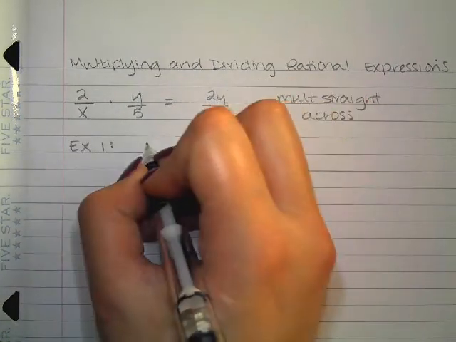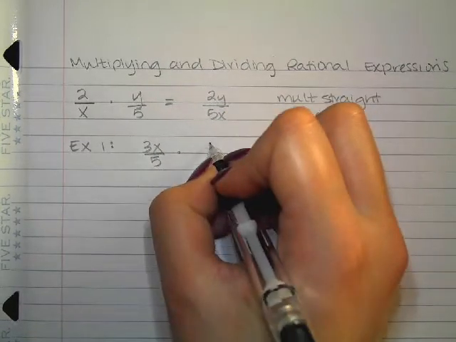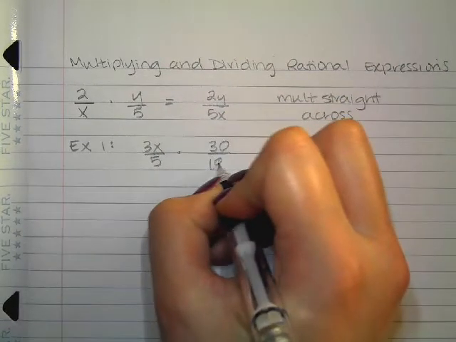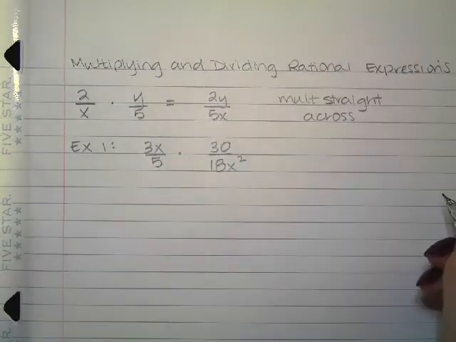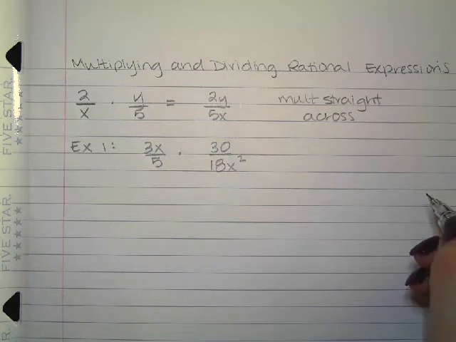We do have to do more complicated problems. So for our next problem, we're going to do 3x divided by 5 multiplied by 30 over 18x squared. Now there's two different ways to do a problem like this.